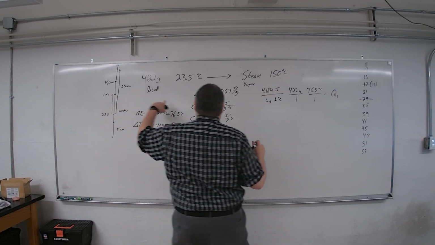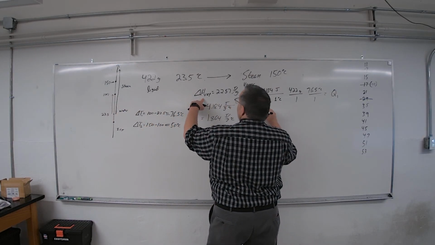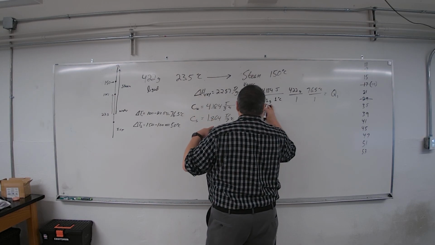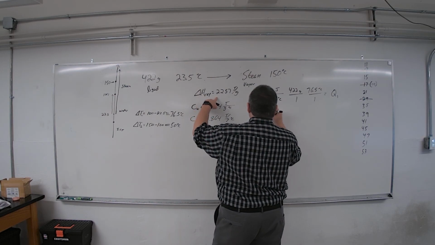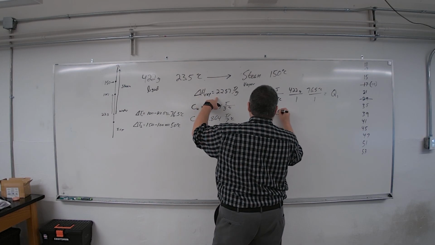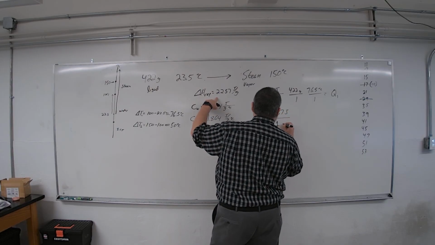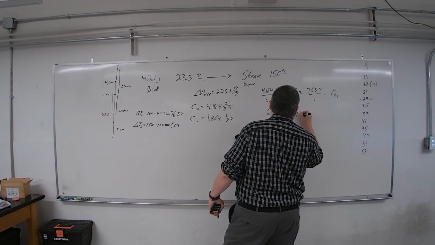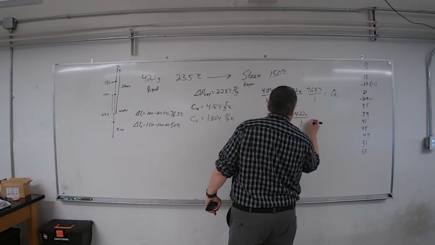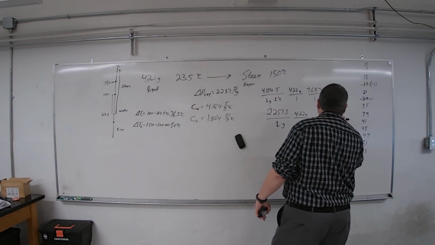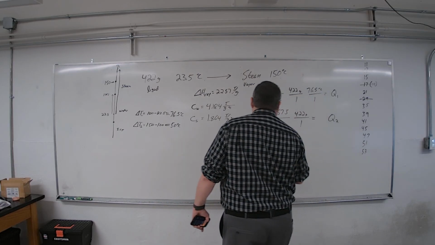Q2, let's do the transition. That's using this. Let me write the thing first: 2.257 joules to 1 gram. And then 422 grams. Calculate that out, you'll get Q2.